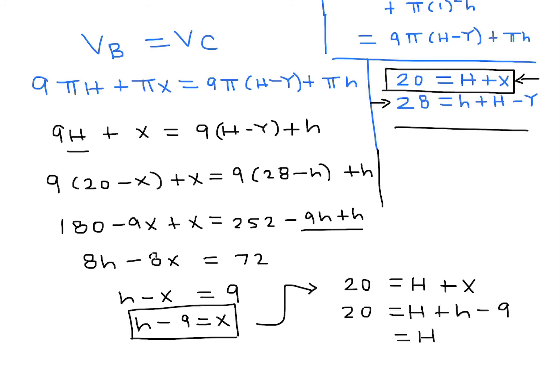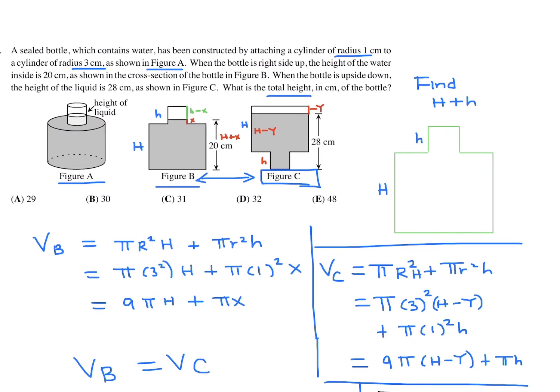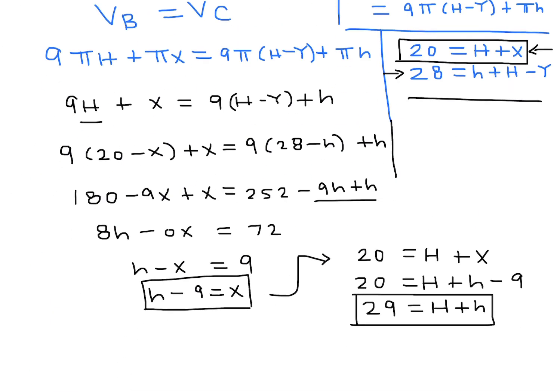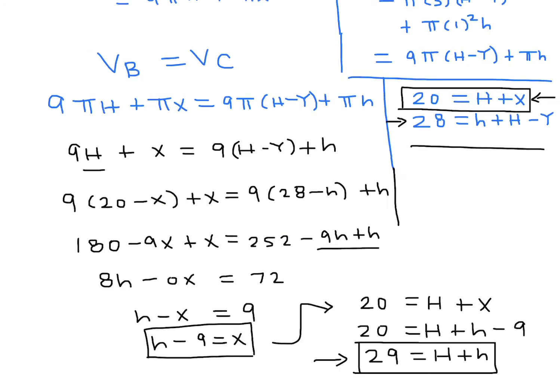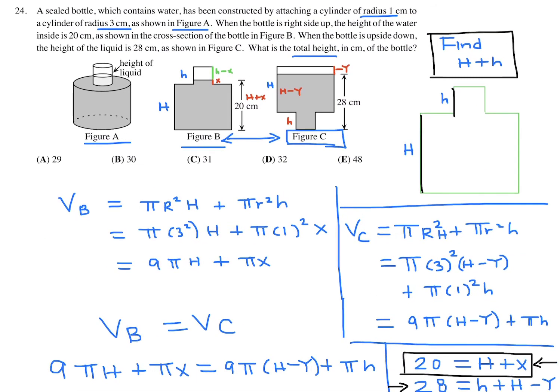And therefore, H plus h is equal to 29. Great. If you remember, that was what they wanted us to figure out: find big H plus little h. We got it to be 29. So the answer to number 24 is A.